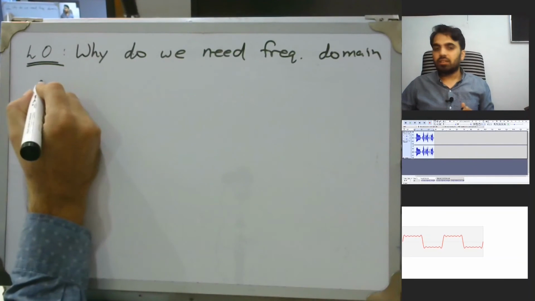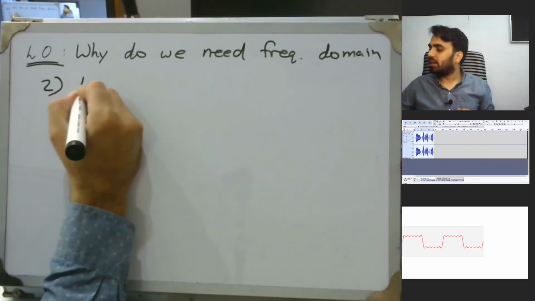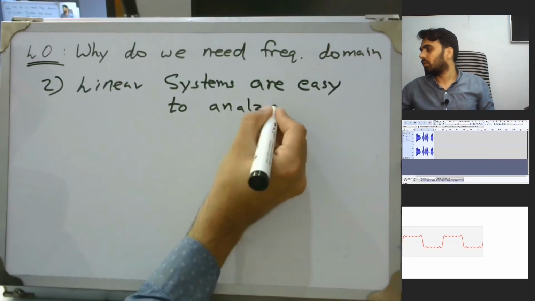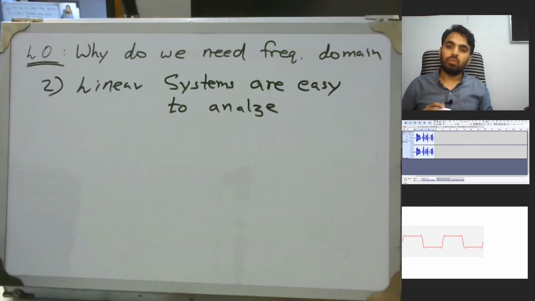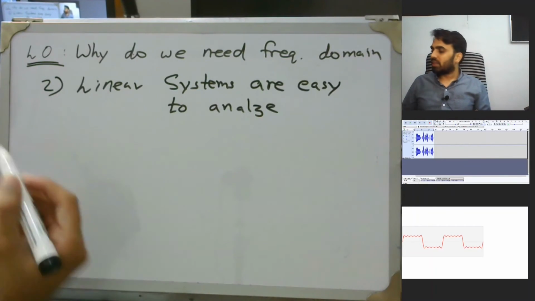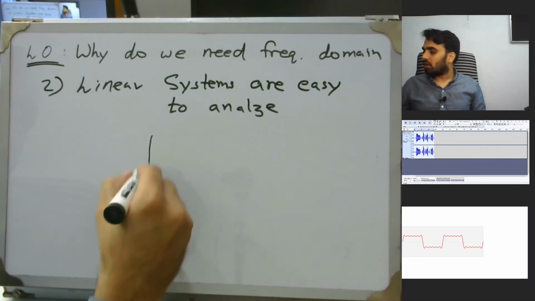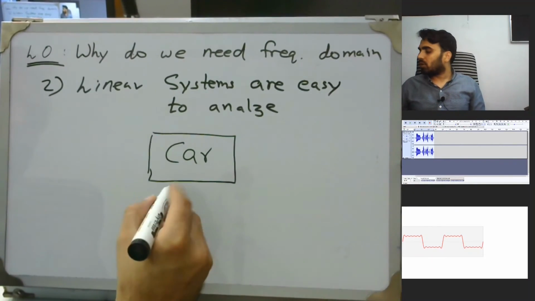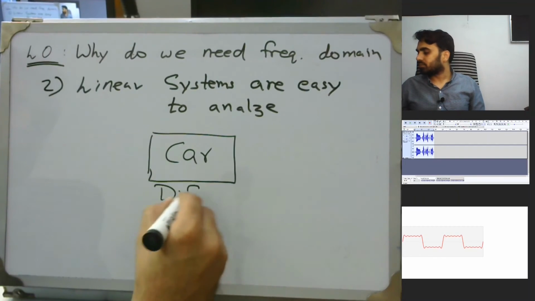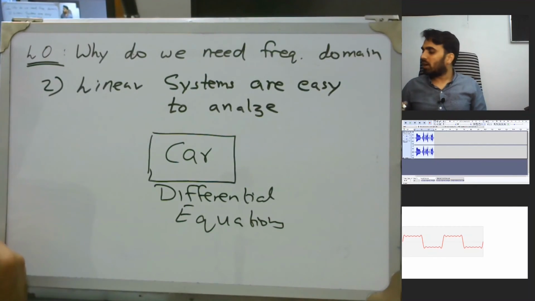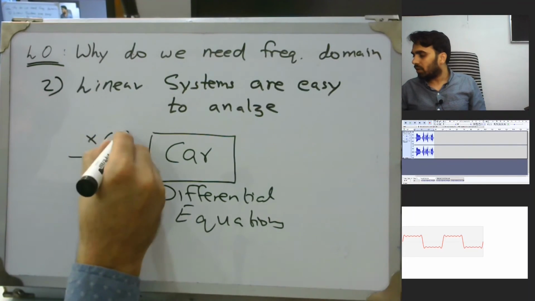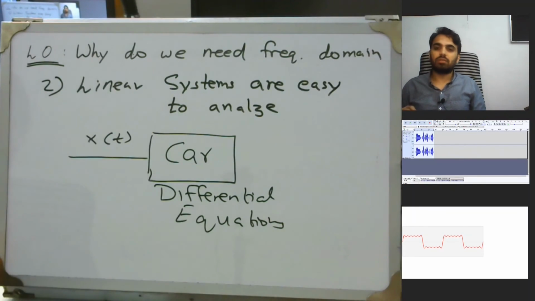The second item is that linear systems are easy to analyze using frequency domain analysis. For example, if you have a car and you have found out all the differential equations, it would be quite tricky if you give in an input x of t, which could be a speed breaker or something.